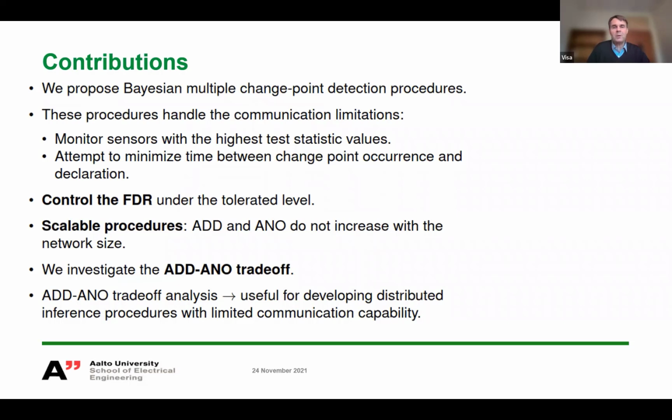It also happens that you cannot simultaneously maximize or fully optimize the average detection delay and average number of observations, especially because they depend on the proportion of the sensors that you are monitoring. We've been characterizing the trade-off between these two factors.